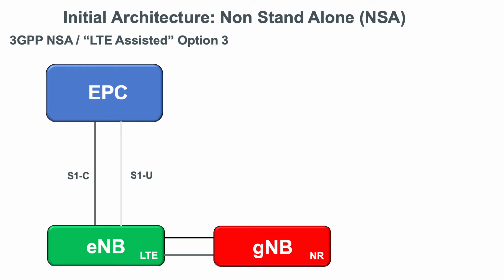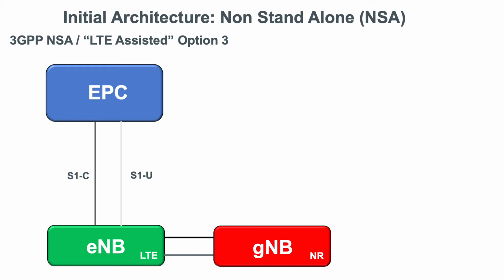We now have the gNB for the next generation Node B, which is going to support the new radio. New radio is going to operate at much higher frequencies than the traditional eNodeBs that we've been operating with for the last few years. Instead of topping out at around perhaps 5 or 6 gigahertz, we're now going to be entering the realm of frequencies as high as 28, 29, 30 gigahertz, or in the future even higher.